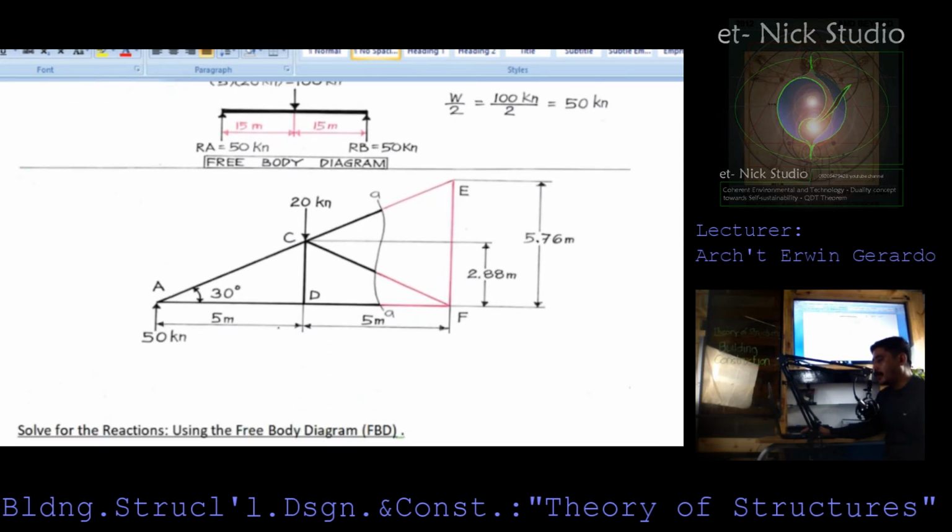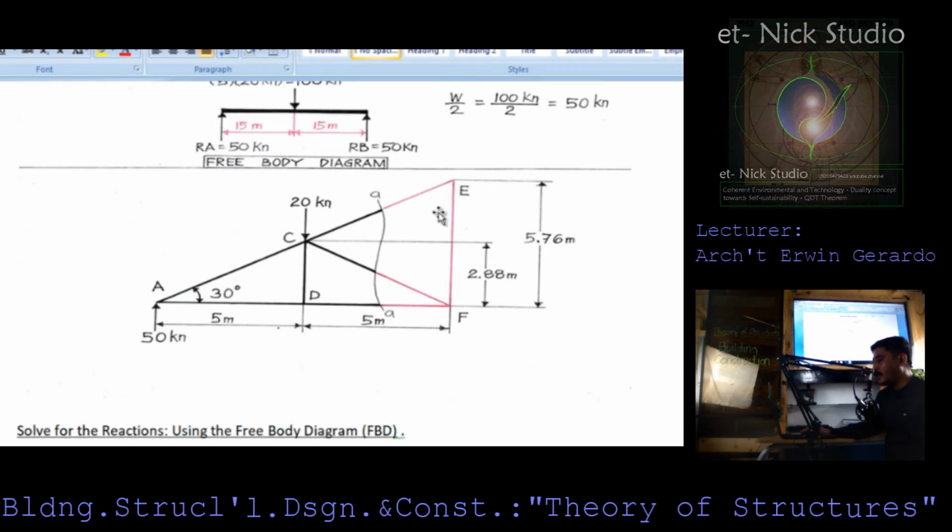So this is the blown up part of the section of the truss. Take note, we need here the left corner to analyze the problem.